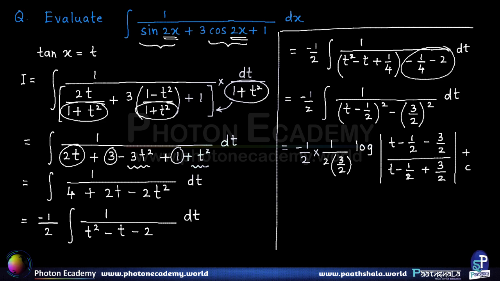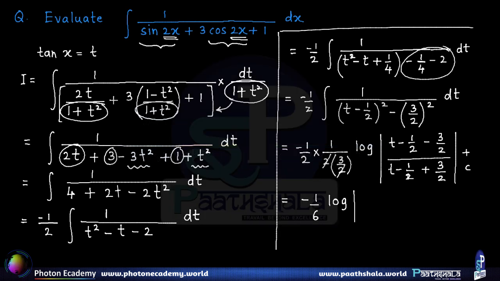That further gives us, 2 gets cancelled, 2 into 3 is 6, so that is minus 1 by 6 log of mod of, now minus 1 by 2 minus 3 by 2 is minus 2, so here we have simply t minus 2, and here we have t plus 1, plus c.